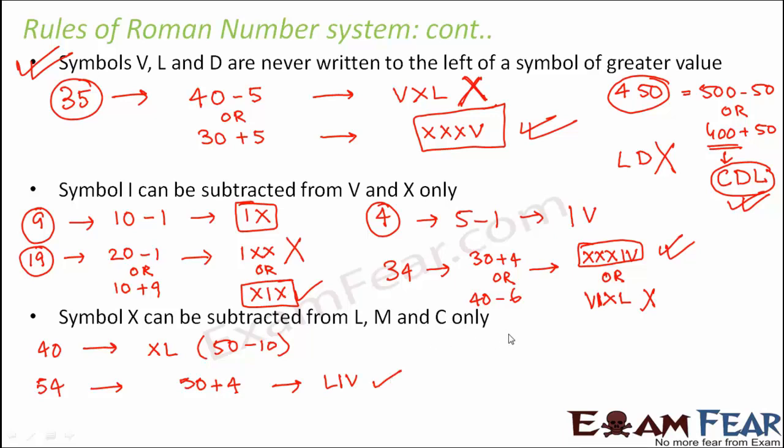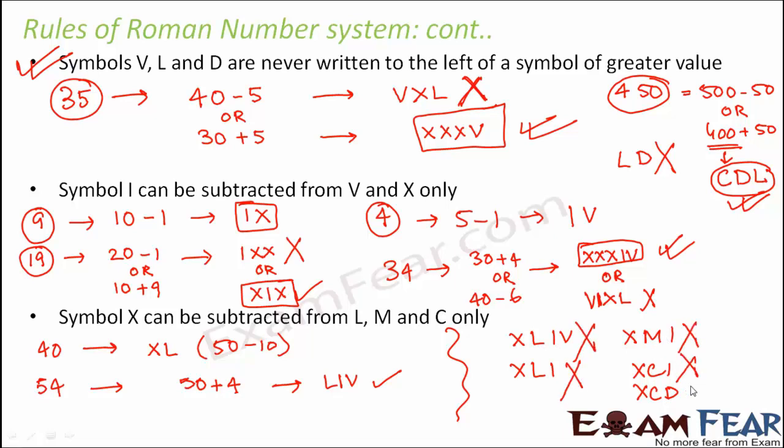And that is why you can never have any Roman number which is something like this or this or this or this or this, because in each of these you see X is present before LI or LIV or MI, CI, CD and so on. So these are all not possible, because X can occur only before L, M and C. So only L should be there, only then it can occur.